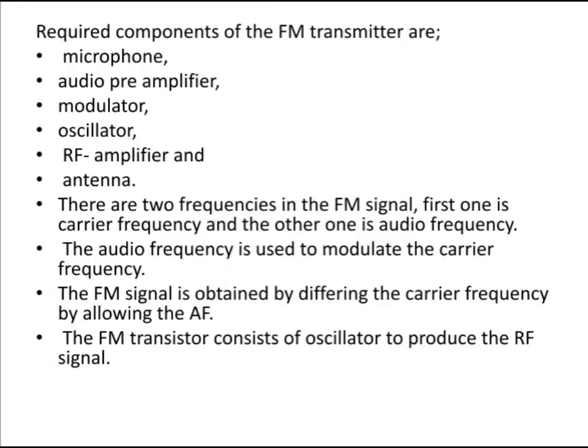I have explained in the frequency modulation process that the carrier frequency is modified or modulated with the help of audio frequency. Okay, the FM transmitter consists of an oscillator to produce the radio signal, which is a carrier signal.